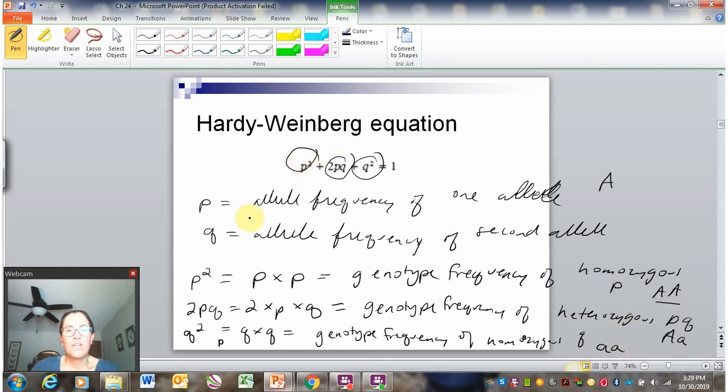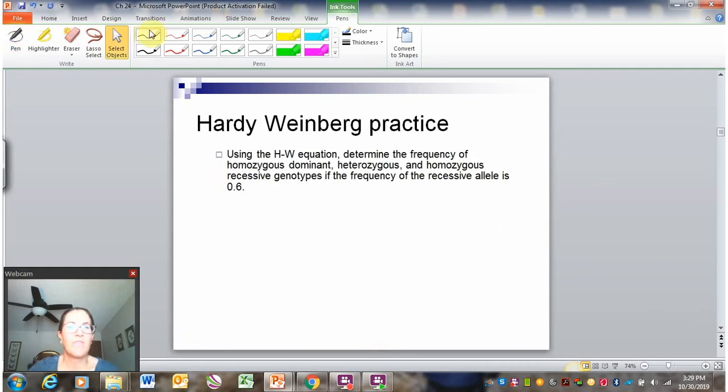So you can actually use the Hardy-Weinberg equation to solve for different values. So say, for example, you know the allele frequency of just one allele, then you can predict the other allele frequency as well as the 3 genotype frequencies. So we're going to take a look at some examples of that.